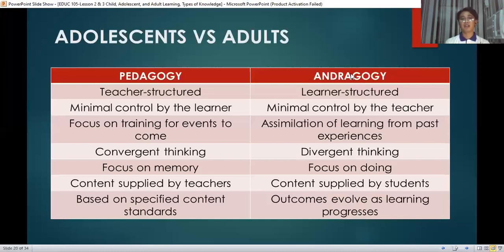Okay? But for pedagogy, most of the time, I think 95% siguro, ganun yung calculations natin. 95% of the time, we provide the content. Okay? Because I repeat, since wala pa silang concept yung self-learning, I mean, a solid concept of their learning styles.